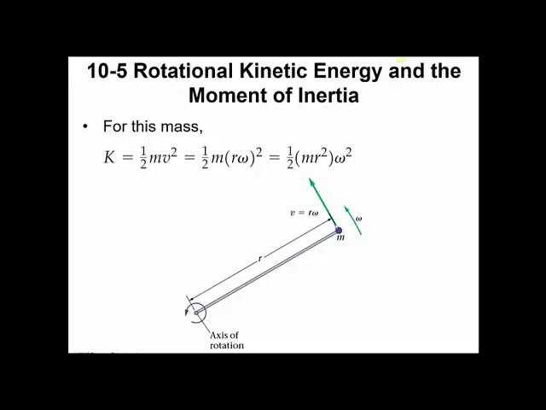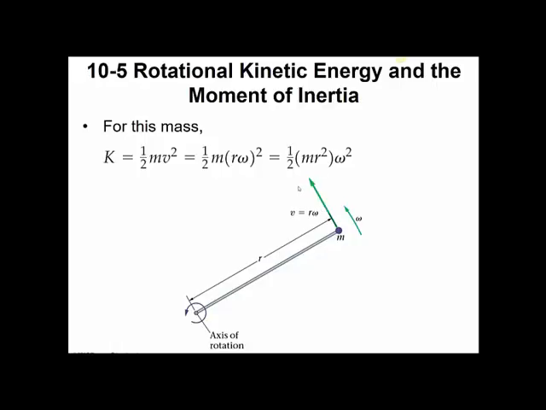Imagine if you had a lot of mass located very far away from the axis of rotation, it would be really hard to get it moving, versus if it was equally distributed and there was just a little bit of mass. So it's all about the distance.